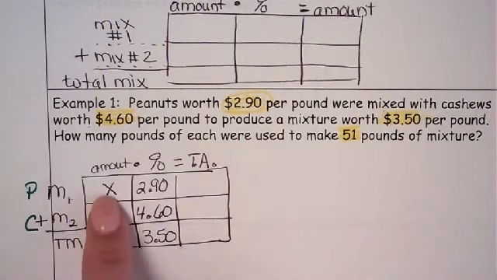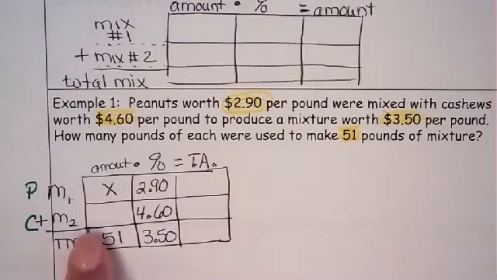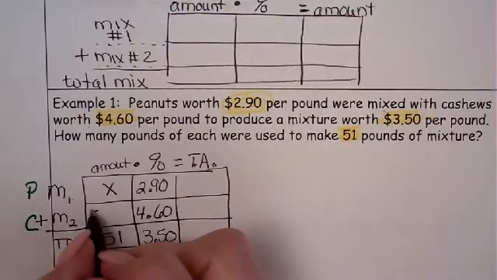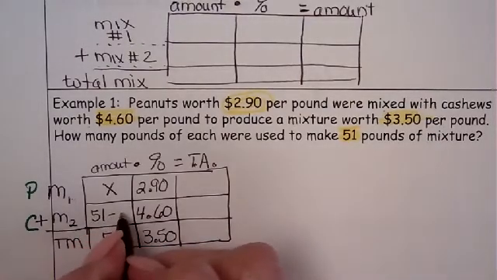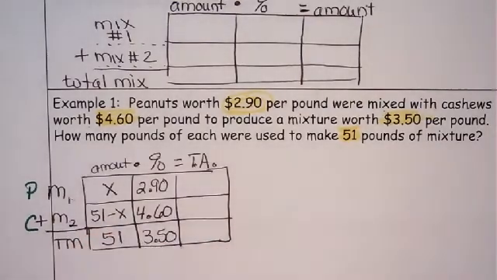If X is the amount of peanuts, and my total amount is 51 pounds, then the pounds of cashews is going to be the total 51 minus those peanuts. So right here, I'm going to put 51 minus X.